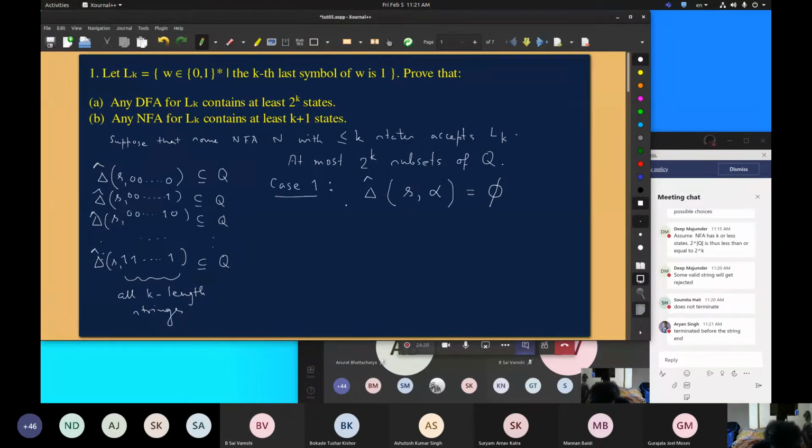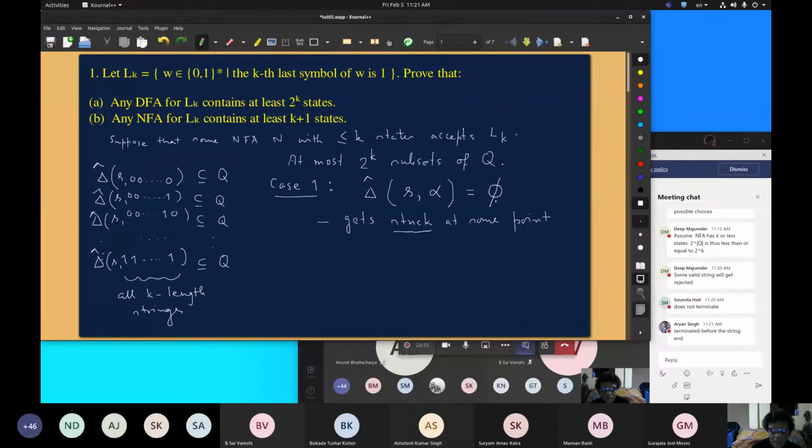It's not terminated, so this essentially means the machine gets stuck at some point while reading this alpha. So this is the correct word. It gets stuck. It's not terminated. It may happen at the beginning or after reading a few symbols or even after reading the entire alpha. Somewhere it gets stuck.